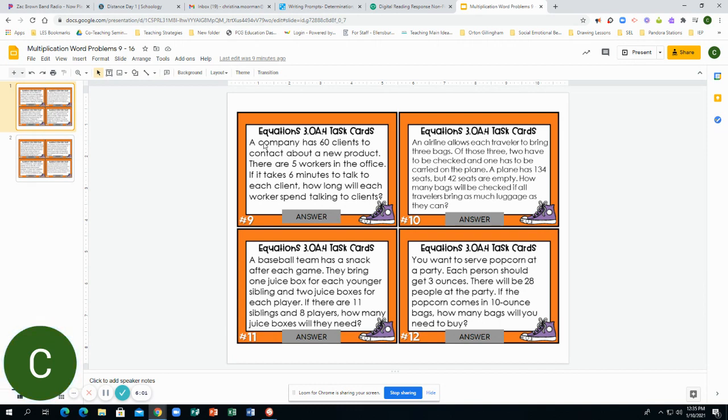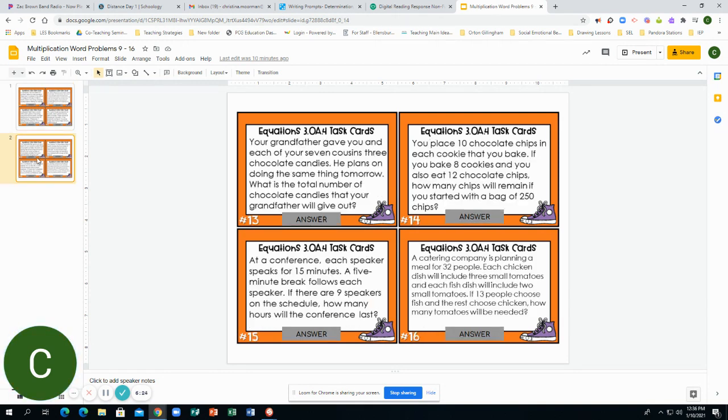Let's do that together. Count by 10. 10, 20, 30, 40, 50, 60, 70, 80. I have to go past that. 90. 9 bags, right? 9 times 10 is 90. 9 bags would cover it. These are tricky. Let's keep going.